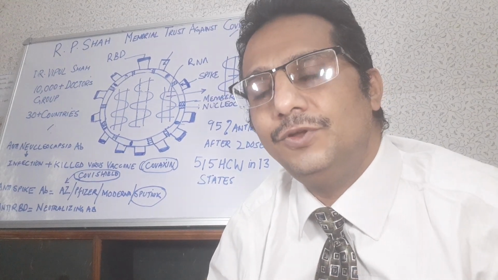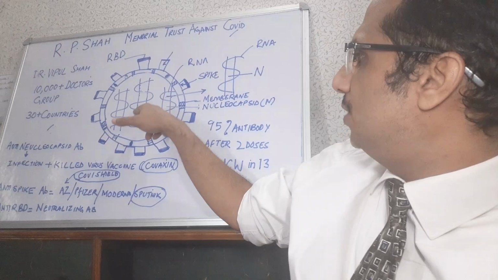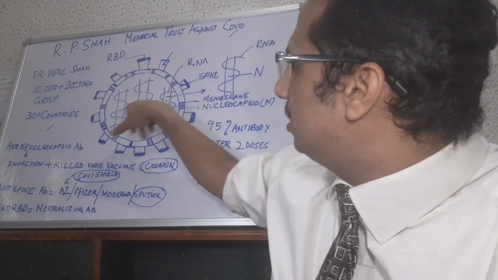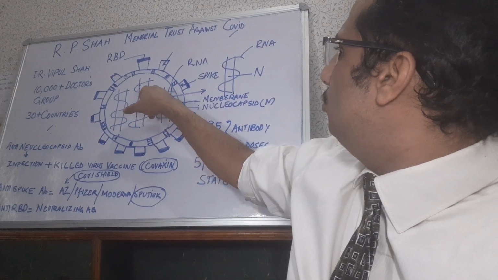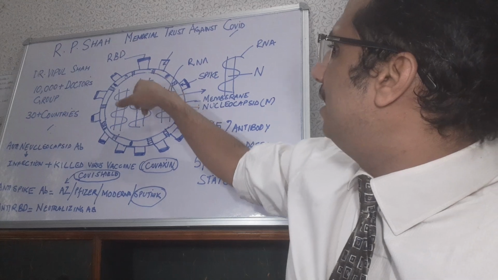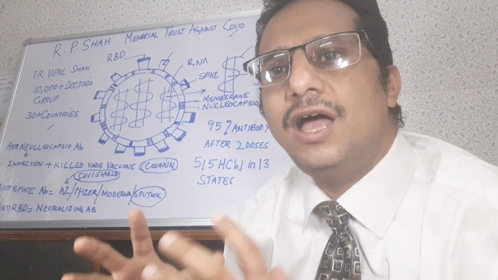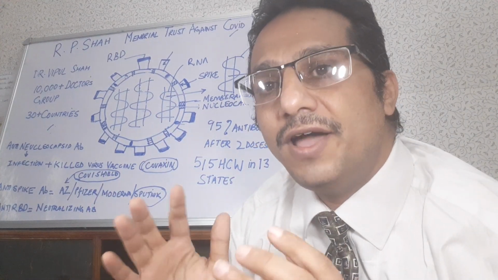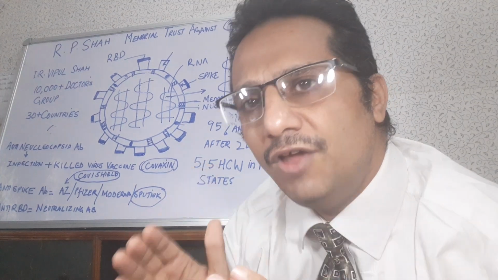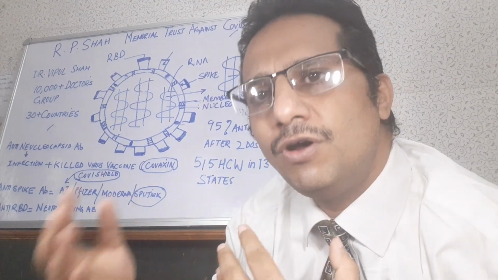Now coming back to this picture, it's easy to understand that the nucleocapsid and the RNA of the virus is inside the virus. The virus makes all efforts that these are not exposed.